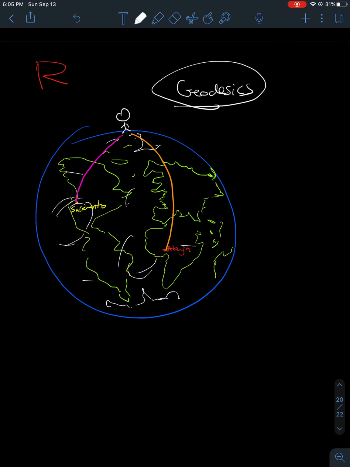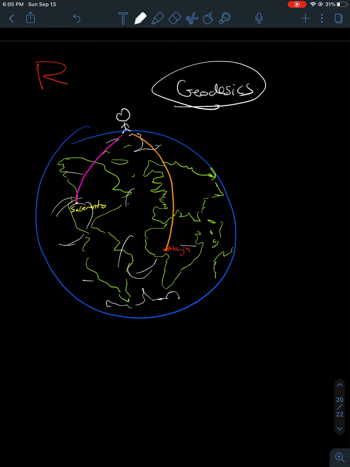It's the shortest distance. I don't want to say that, because it turns out that geodesics could also be the longest distance. But geodesics are the straightest possible paths in a curved space, which would also be the shortest distance between two points.